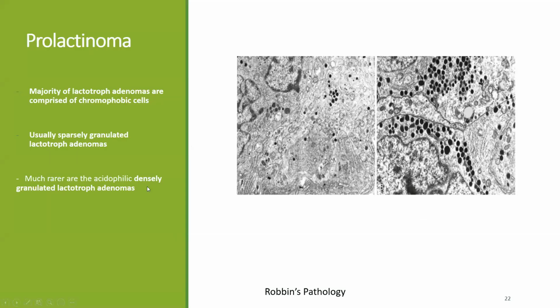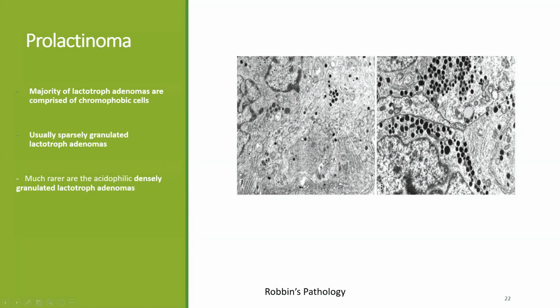In prolactinoma on electron microscopy, the majority of lactotroph are composed of chromophobe cells. In the electron microscopy, we see the sparsely granulated adenoma. In rare cases we see dense granulated. So usually the granules by electron microscopy are sparse, very few, rare granules.